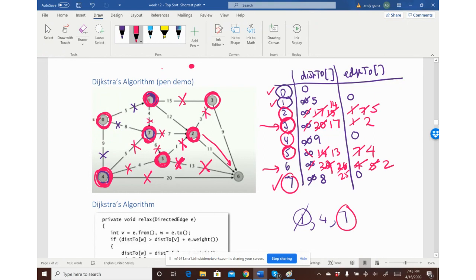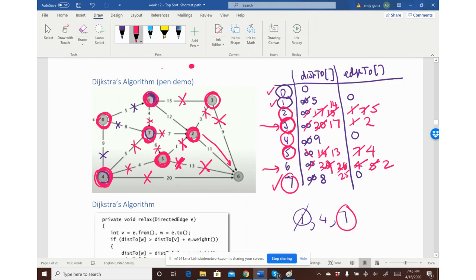Because the distance to 3 right now is 17, and if I add 9 by processing that edge from 3 to 6, I get 17 plus 9, which is 26, but that's not smaller than 25. So there's nothing I can do there. At this point, I'm done, because 6 cannot do anything. 6 is done.